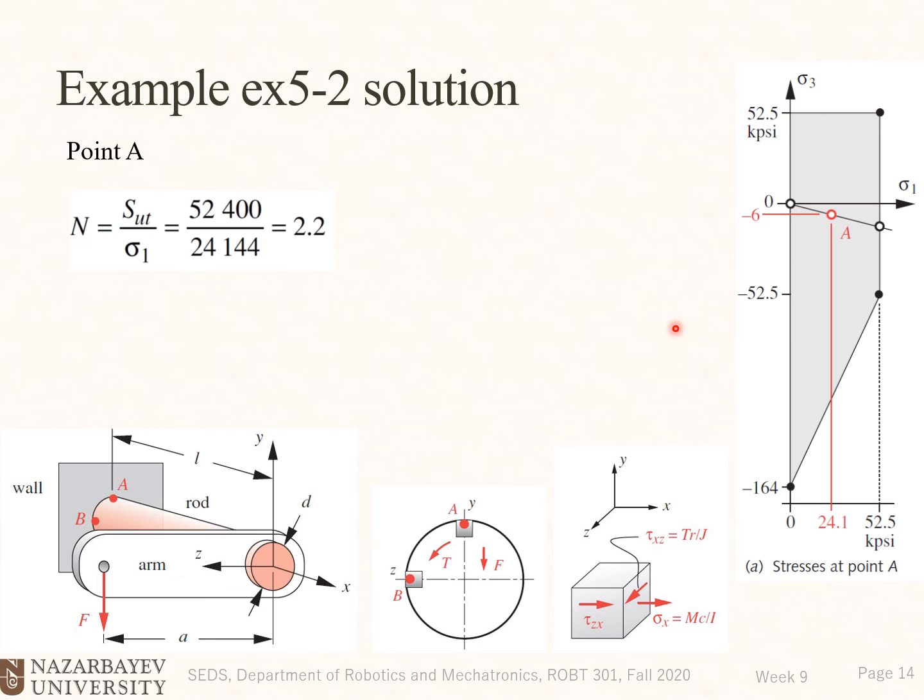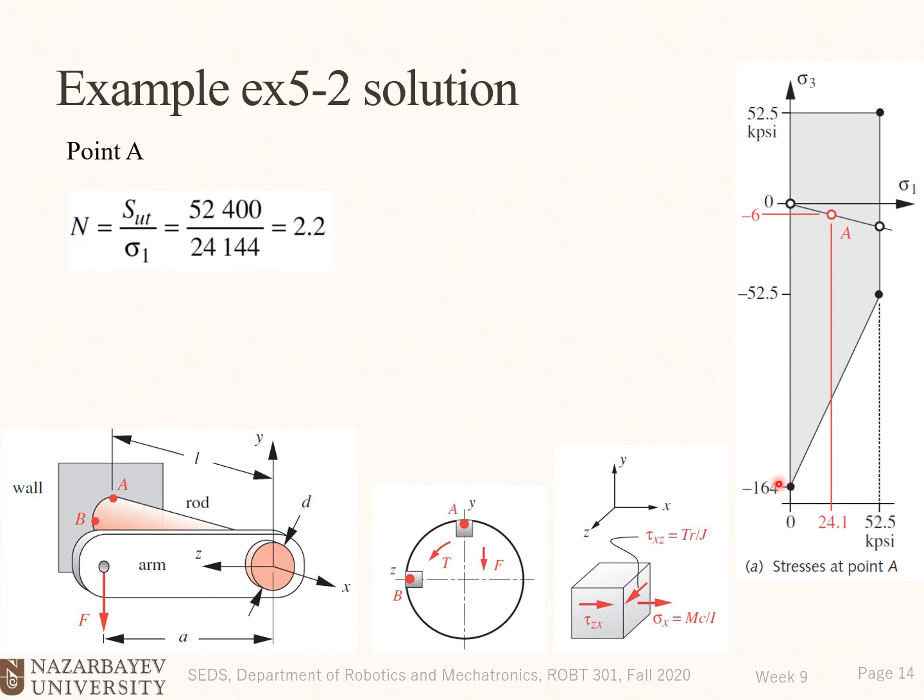Now it comes to the point to calculate the safety factor. We need to find the load line. So we found both sigma 1 and sigma 3. Sigma 1 is 24.1, and sigma 3 is -6, almost. So we have the load line here. We need to also find these corner points. This one is the SUT point, and this one is basically SUC.